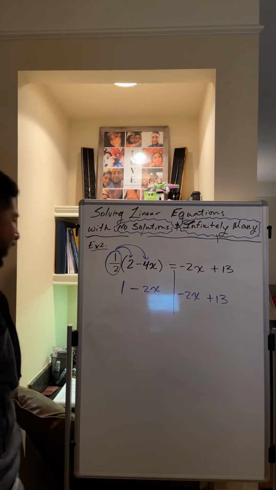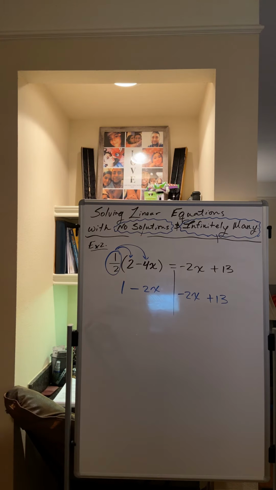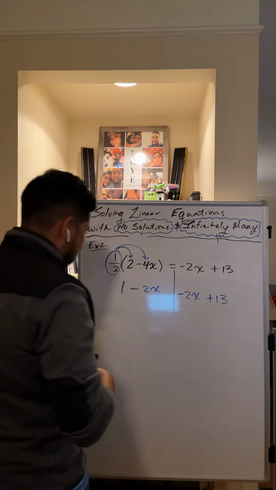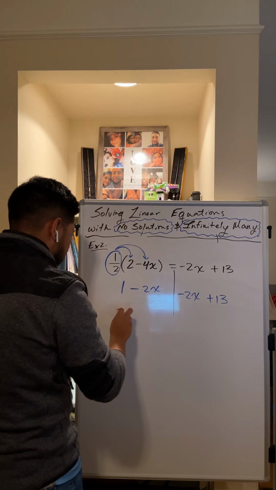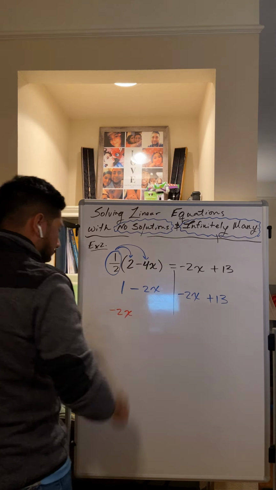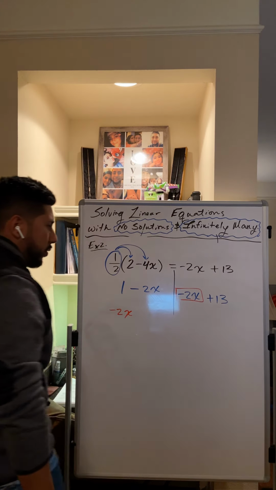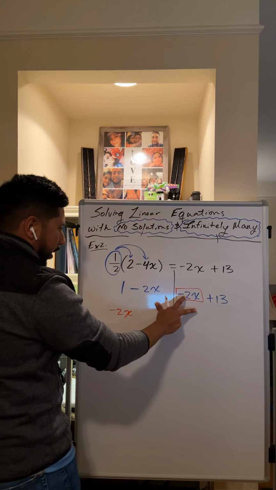For us, I like working out everything, so we're going to keep working. Remember, I like my variables on the left side. Let's move some variables. I'm going to bring down this negative 2 right here to give myself some working space. And some of us can see, hey, that negative 2x over there doesn't belong there. I'm going to throw it over here.